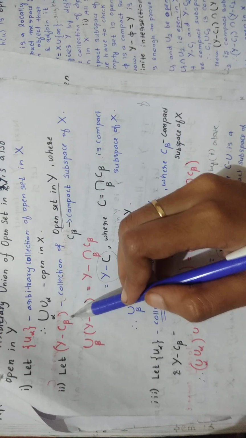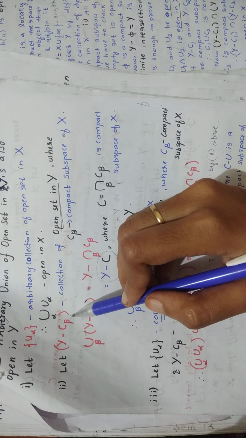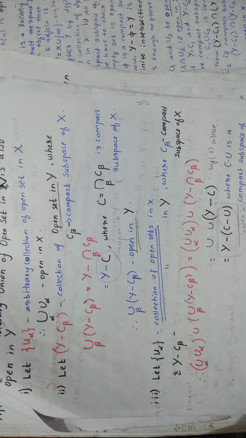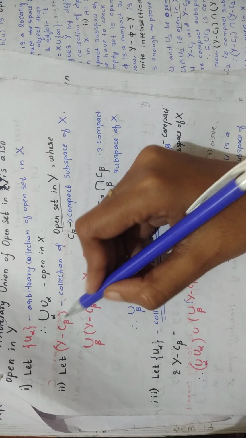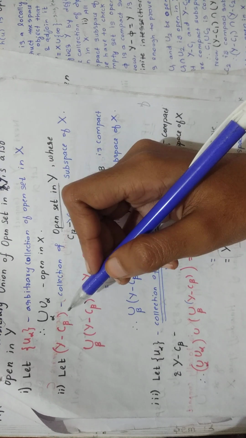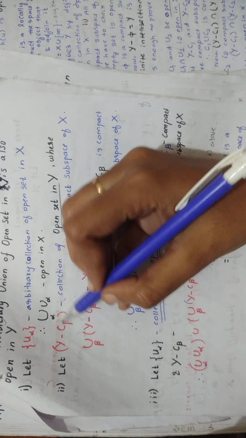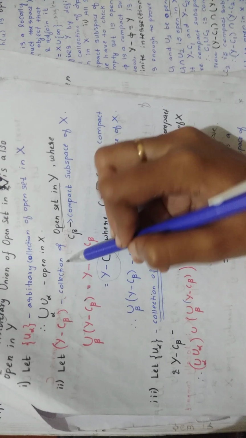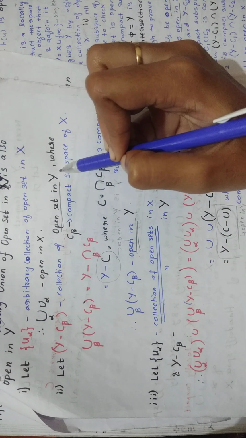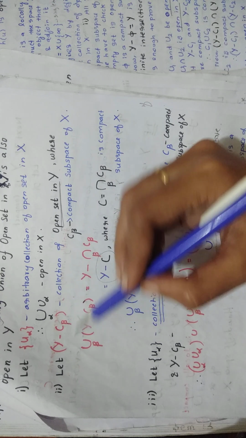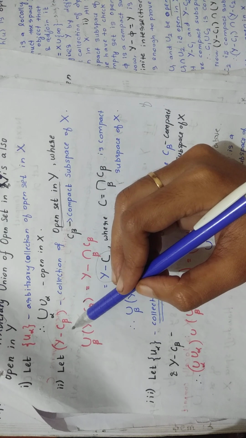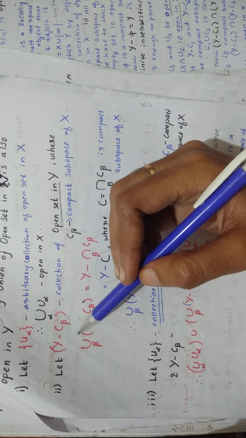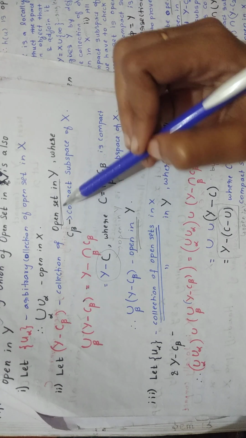Now you are taking Y minus C beta, because you are talking about a collection, no? So that is why beta, in general. C1 suffix can change, 1, 2, it takes so many values. So that is why you are saying beta in general. Y minus C beta is the collection of open sets in Y, right? Because all open sets in Y will be in this format. That is how you defined it.